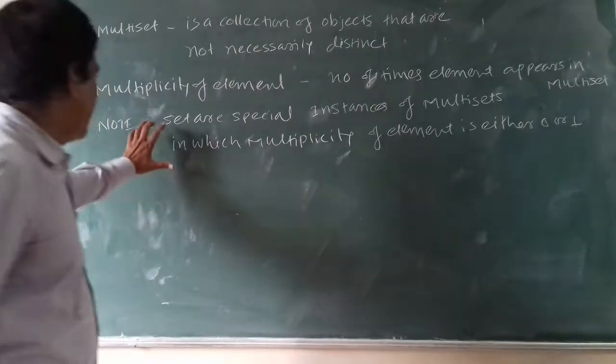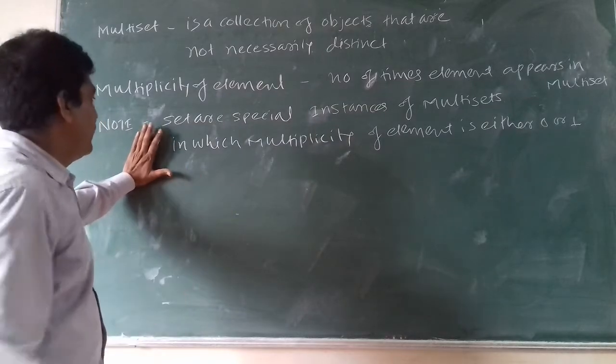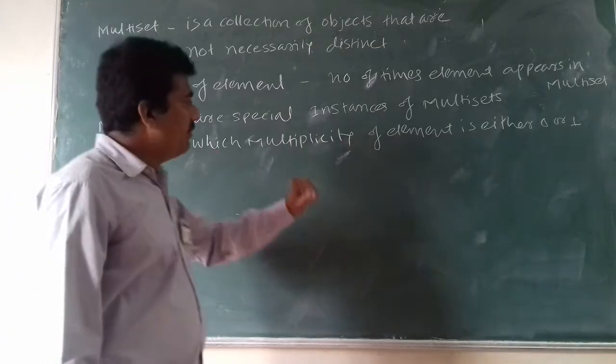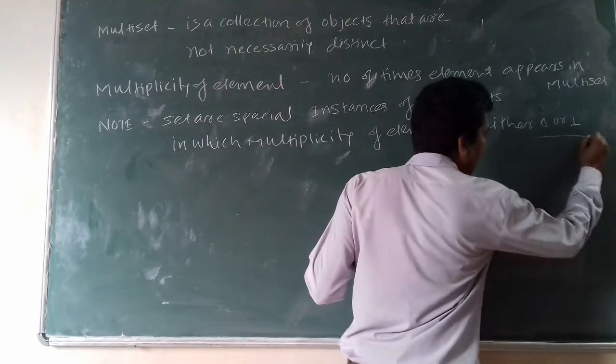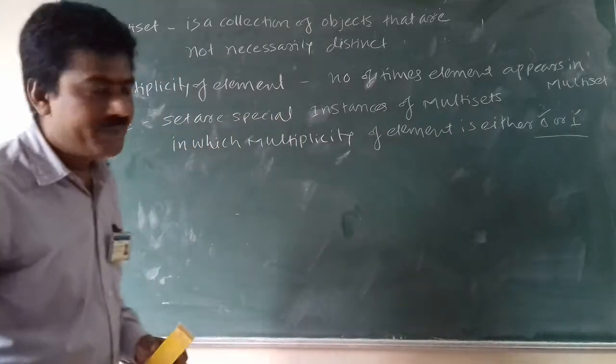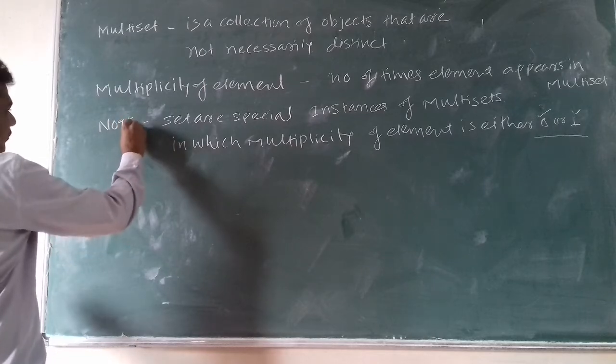A set is a collection of distinct objects, with no repetition, which is the opposite of a multiset. So sets are special instances of multisets in which the multiplicity of an element is either 0, that is not present, or 1, present in the set. Just keep this in mind.